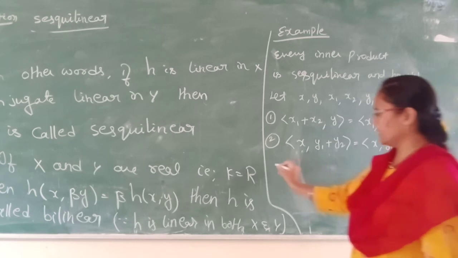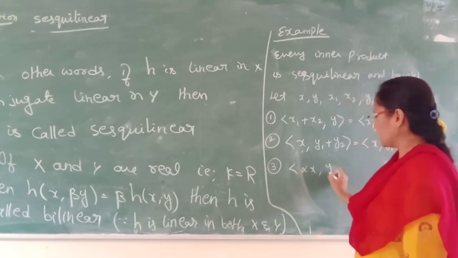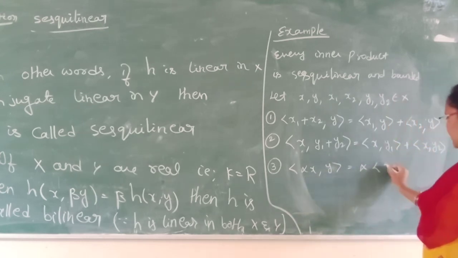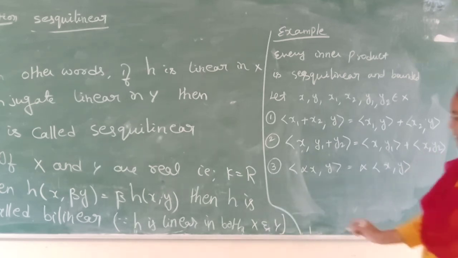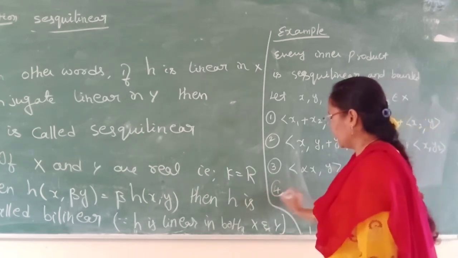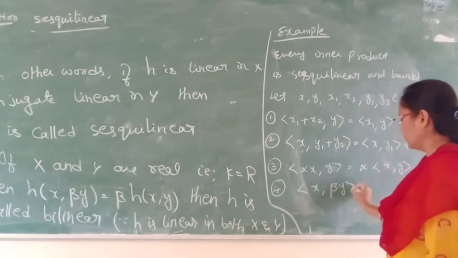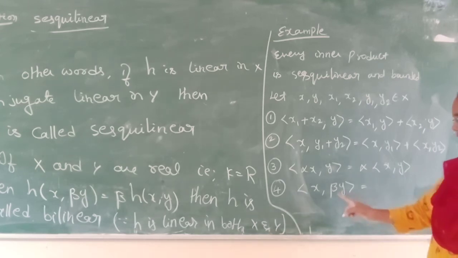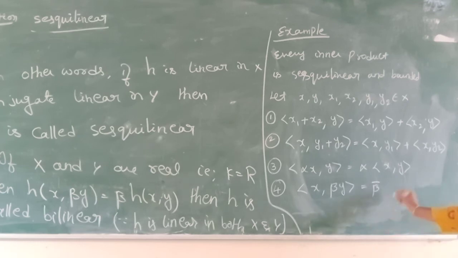Now, the third one is inner product of alpha x comma y. We already know that it can be simply written as alpha into inner product of x comma y. Now the fourth one is inner product of x comma beta y. We already know that the second variable has the constant, and if we write it outside, the bar exists, so beta bar inner product of x comma y.